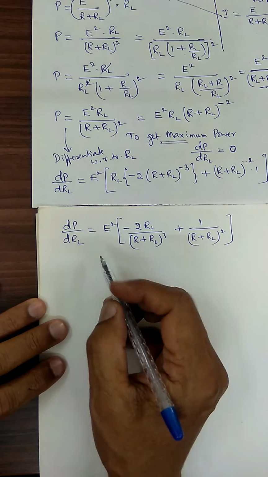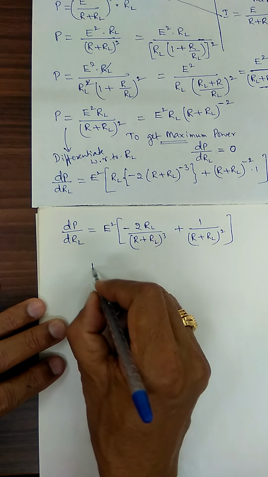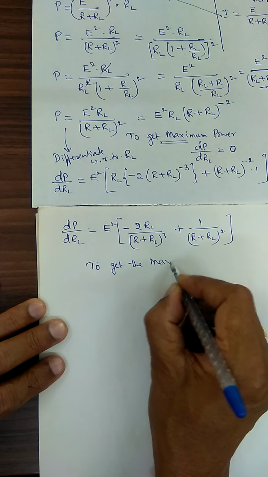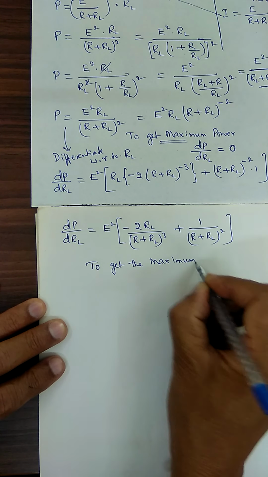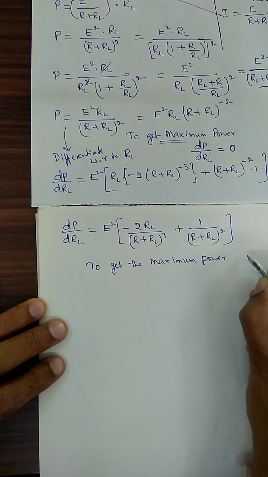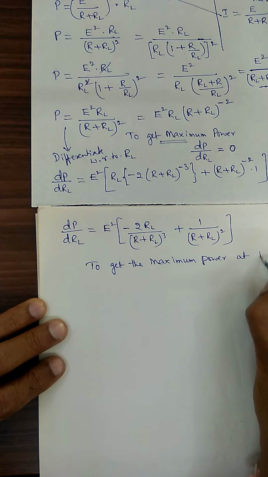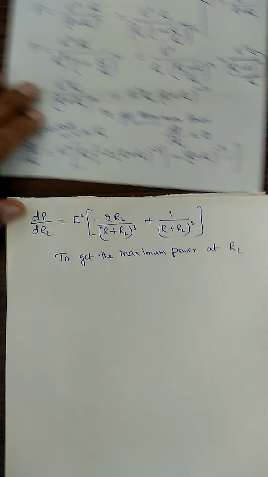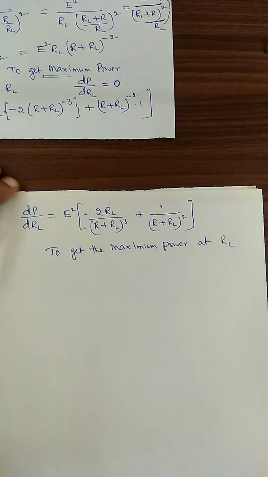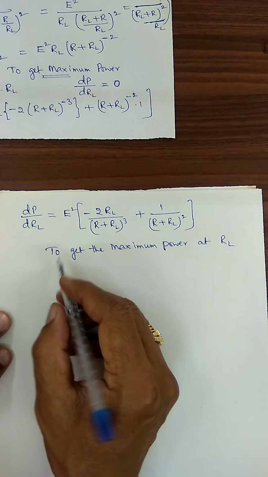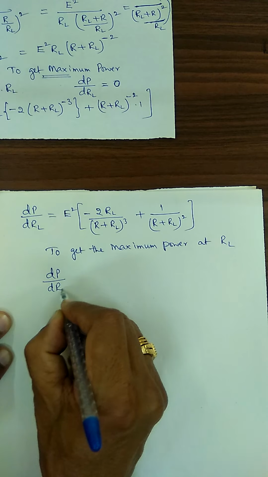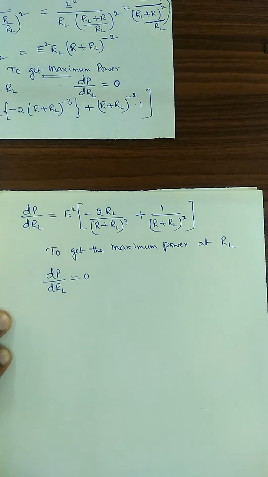To get maximum power at load resistance RL, dP divided by dRL must be equal to 0.